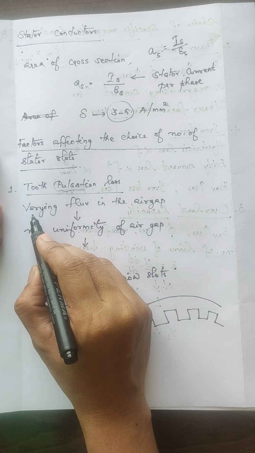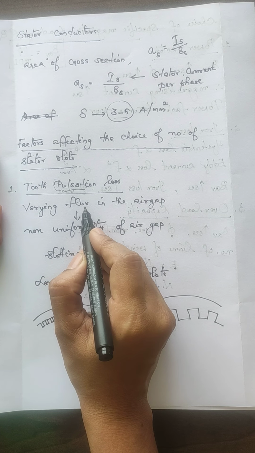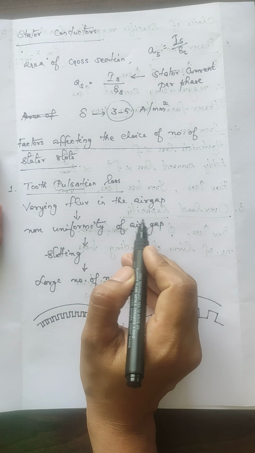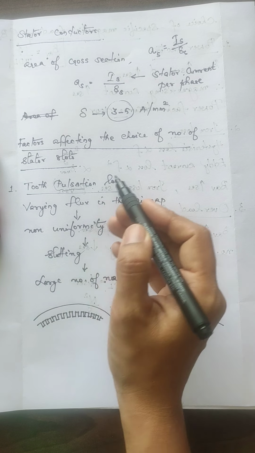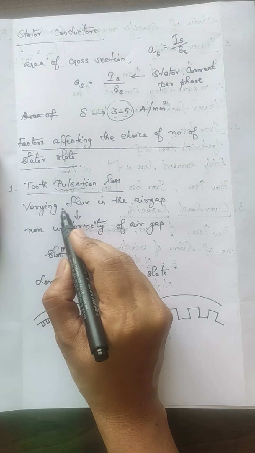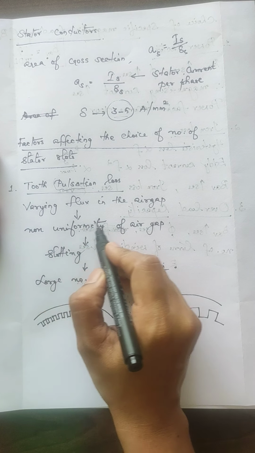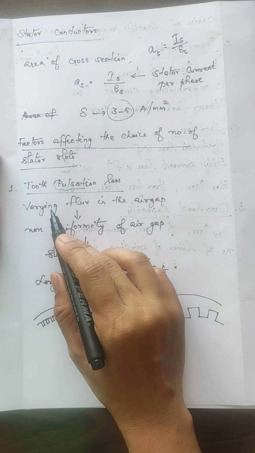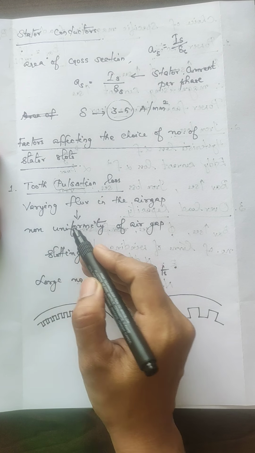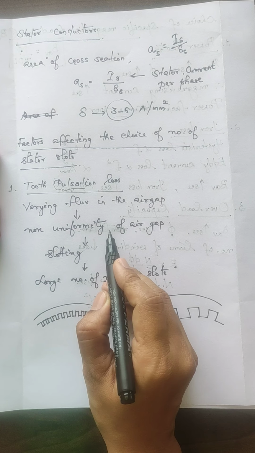Now, what is the reason for this variation of flux? It is due to the non-uniformity of the air gap. If the air gap is uniform, the flux will remain uniform or constant. But if the air gap is non-uniform, then flux will vary or pulsate. Now, what is the reason for this non-uniformity of air gap?